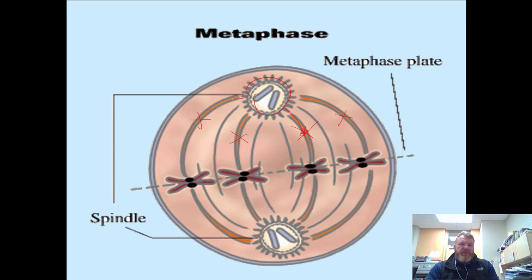It's going to take it and push it to the middle. Each centriole has shot out its individual spindle fibers, and they're going to latch on here and prep for the next part.